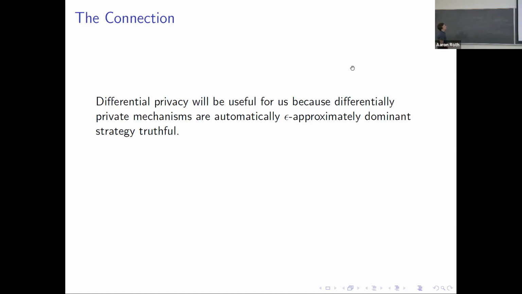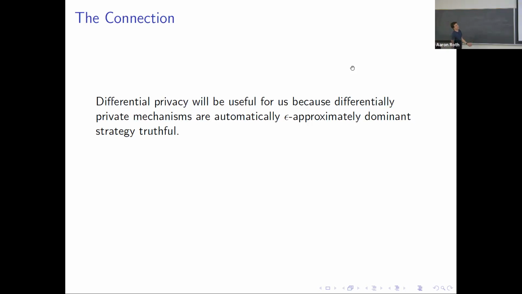So the reason that differential privacy is going to be useful for us in this lecture is because differentially private mechanisms will automatically be epsilon approximately dominant strategy truthful, in generality. So a theme in this course has been reduction from the problem of mechanism design to the problem of algorithm design.